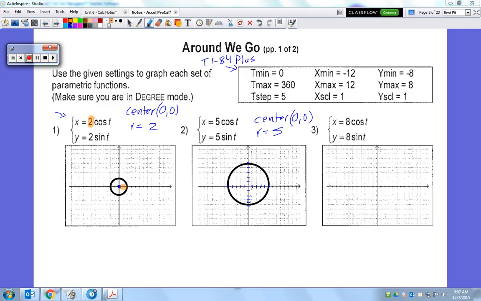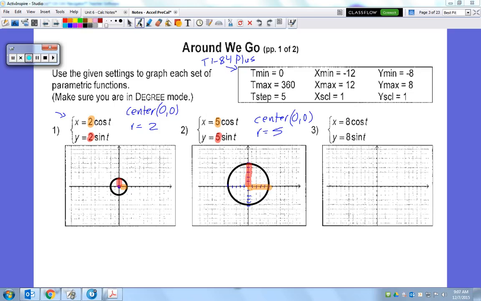And then y-wise, I would do a vertical distance of 2. Here it would be 5, and then here it would be 4. But anyway, because those numbers are the same, the magnitudes are the same, you're going to have a circle.